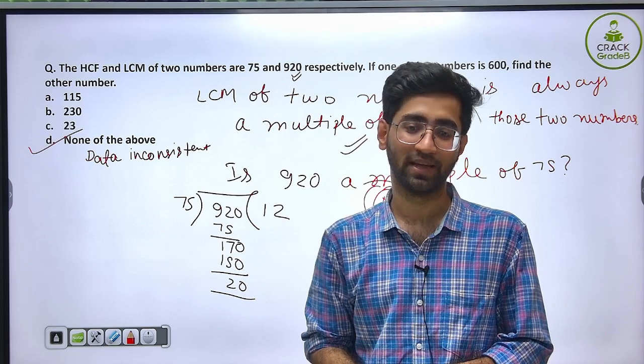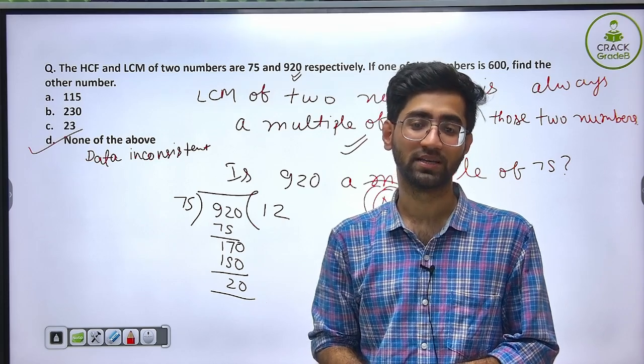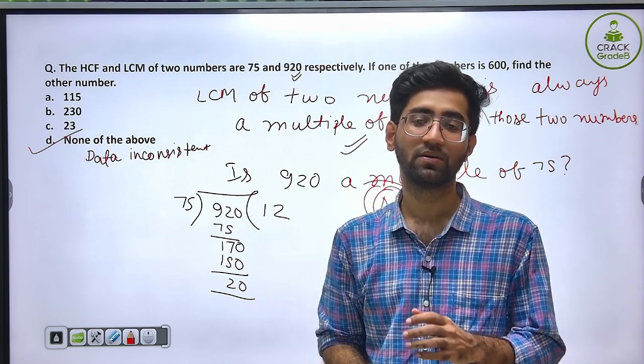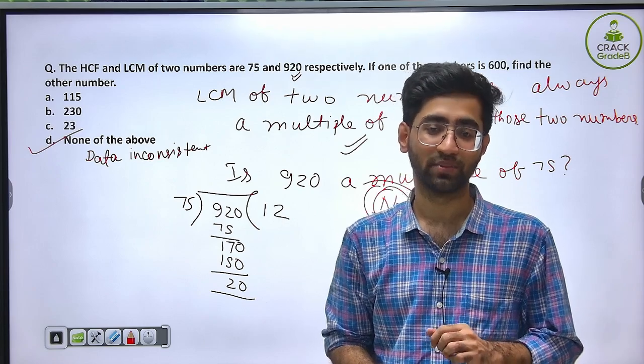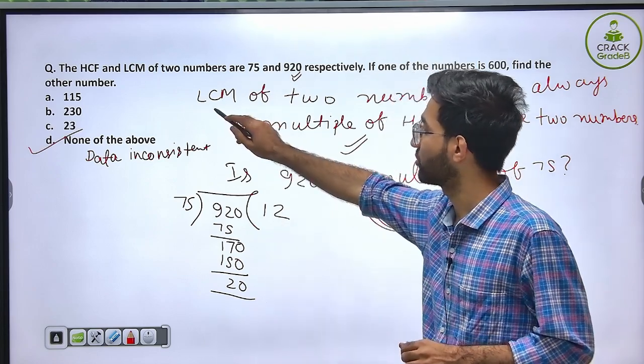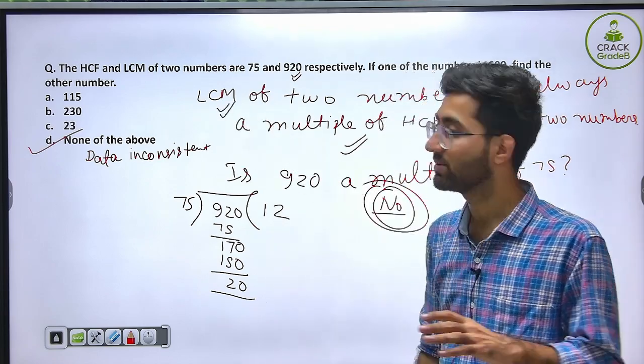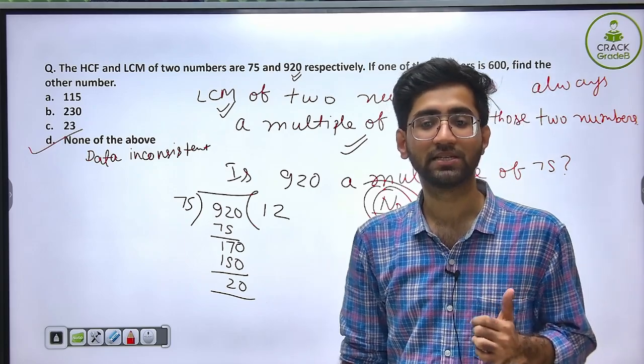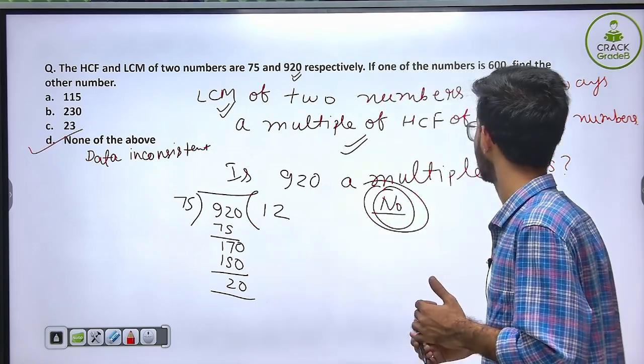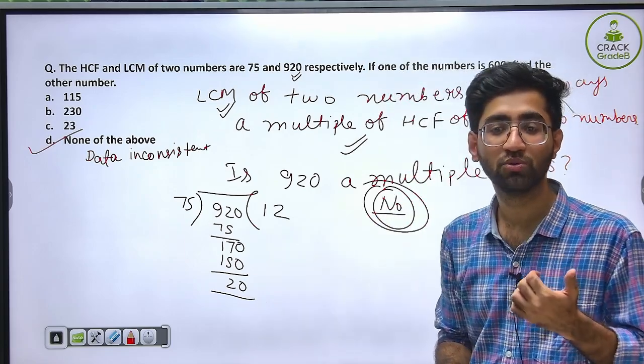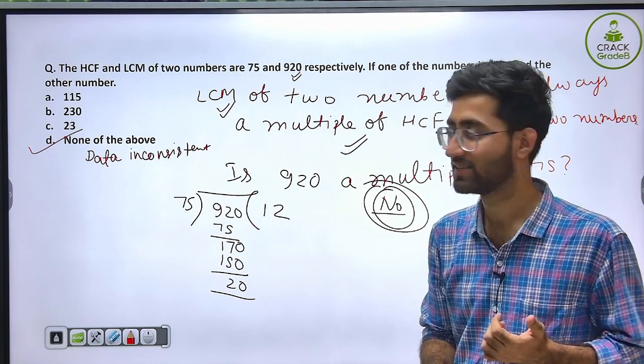You can't apply that property HCF into LCM equal to first number into second number. And note this property in your diary, that LCM of two numbers is always a multiple of HCF of those two numbers, right?